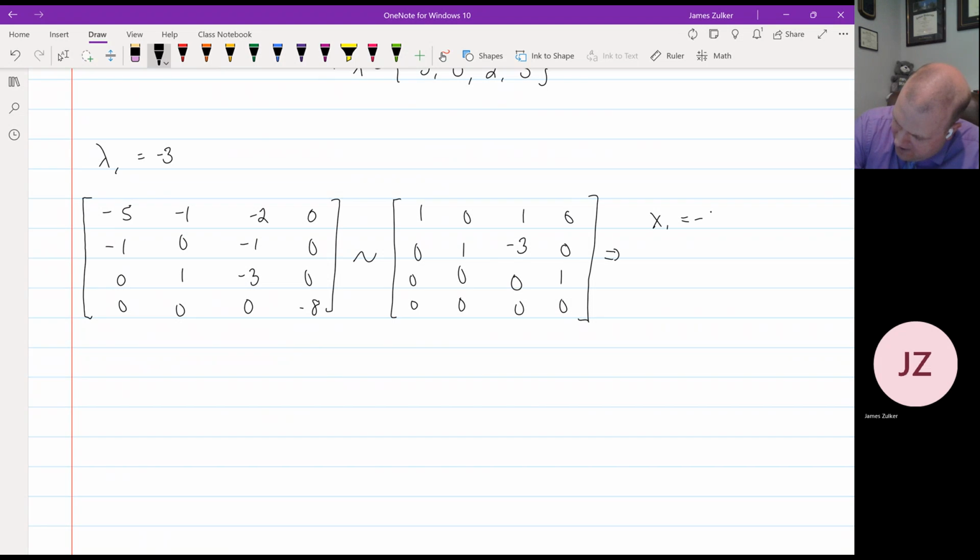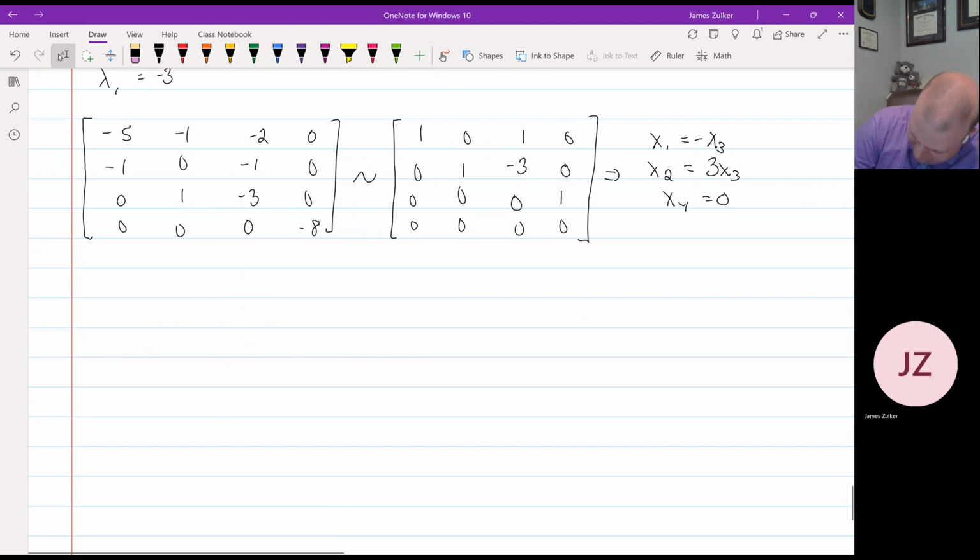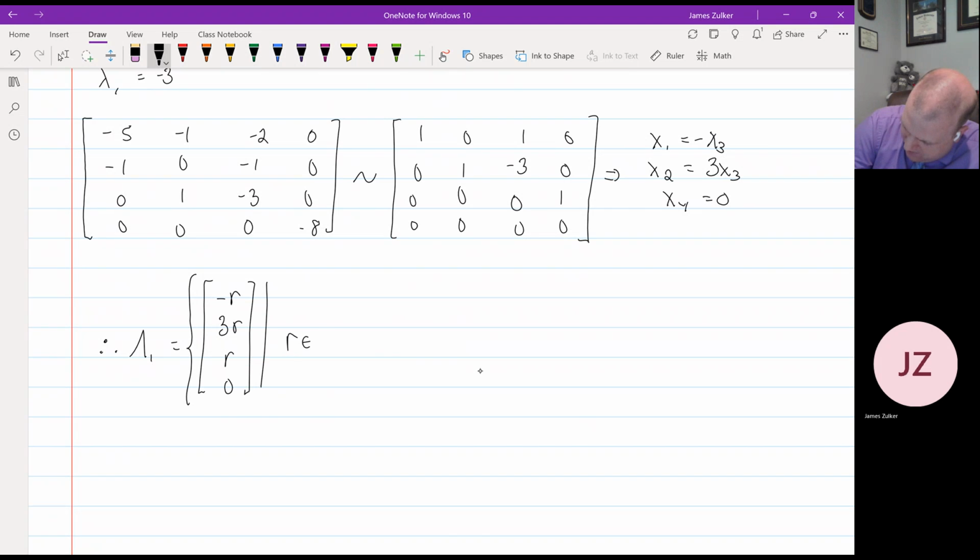So x1 has to be -x3, x2 has to be 3x3, and then x4 is 0. So the eigenspace is the set of vectors -r, 3r, r, 0, such that r is any real number. And we take as our basis then the set of the vector -1, 3, 1, 0.